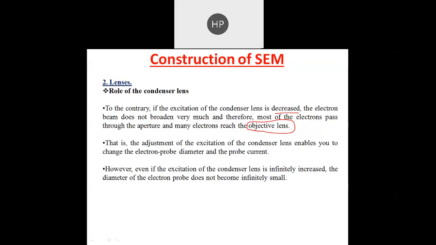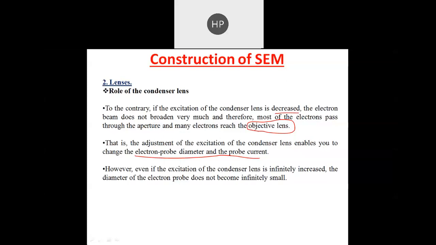This adjustment of the excitation of the condenser lens enables you to change the electron probe diameter and the electron probe current.